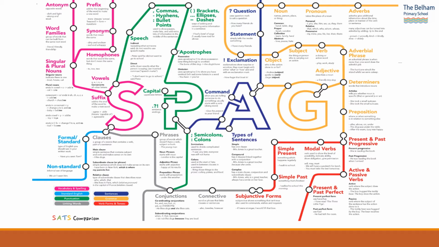So on this slide, you'll see almost a road map or a tube map inspired SPAG Mat. It's produced by SATS Companion, so you can find it online if you would like to.